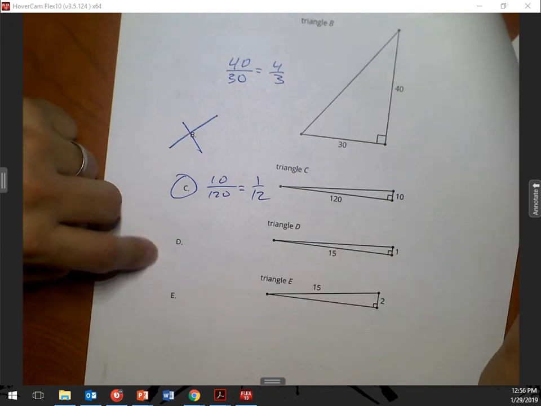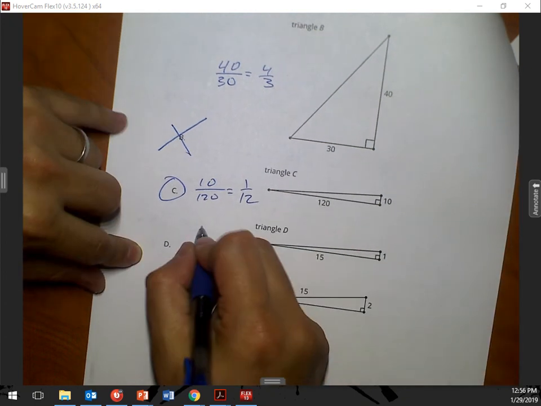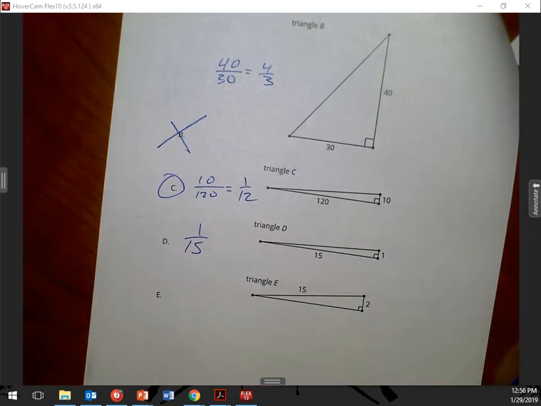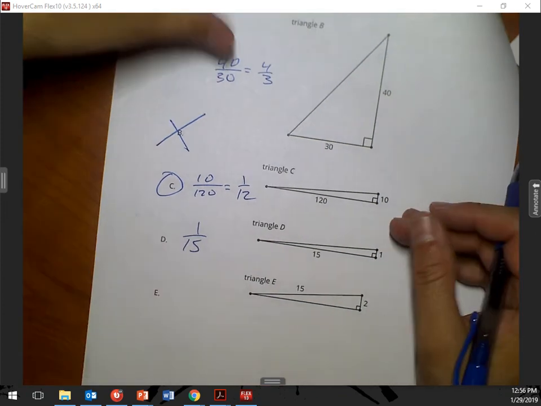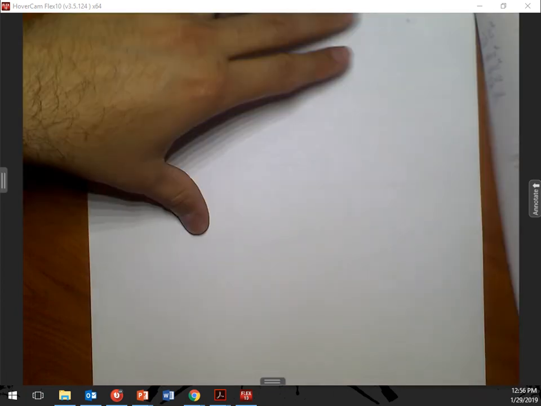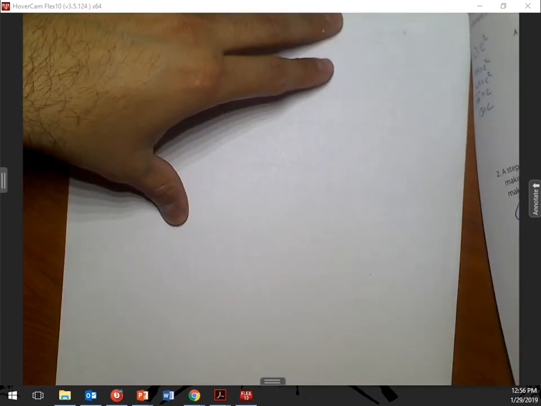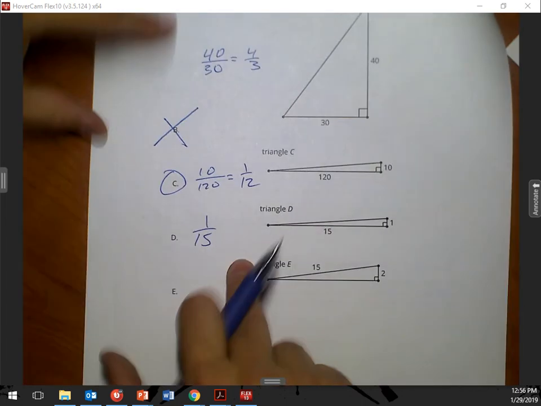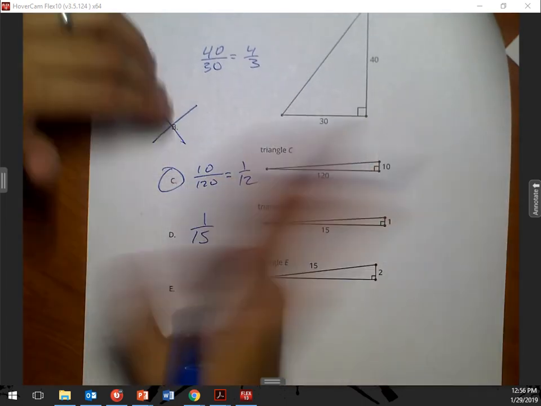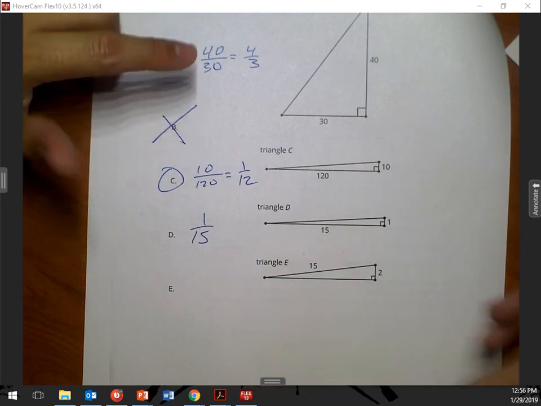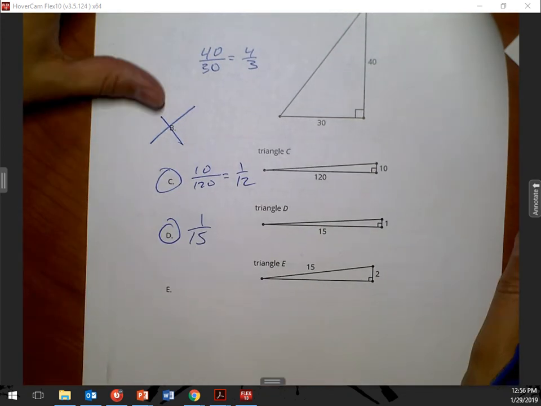That is 1 over 15. Now, is that more or less than? Because the act says it cannot be more than. It's less. Okay, less than or equal to. So this is less than, right? So you can put this in the calculator and your decimal is less than whatever you get here. So this one's also a yes.